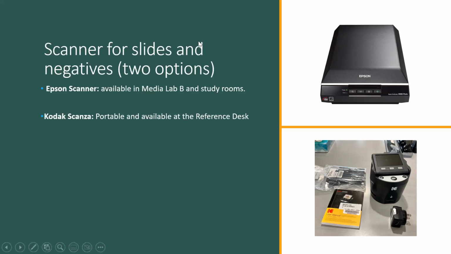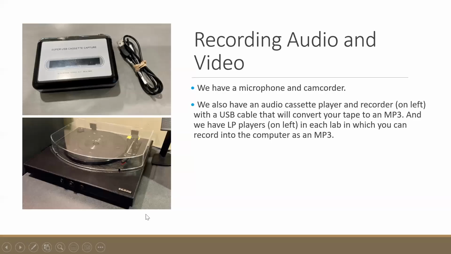All right, so let's move on to the next piece of equipment, which is for recording audio and video. So first of all, here on the top, we have a tiny little cassette player. It sort of looks like a Walkman, if anybody remembers those. And you might have an old cassette of a family member, for example.